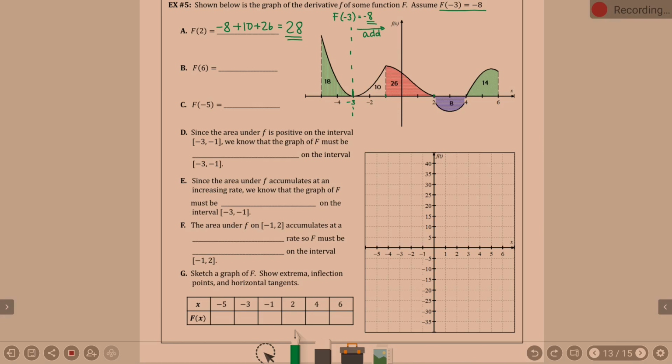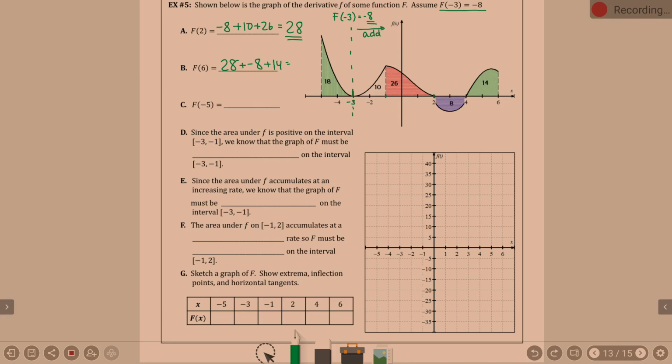Okay, what about F of 6? Can we basically start at what we already had? Yeah. And then what are we doing? Subtract 8. Okay. I'm writing it as add negative 8 because I'd already put add without thinking of it. And then add 14, right?